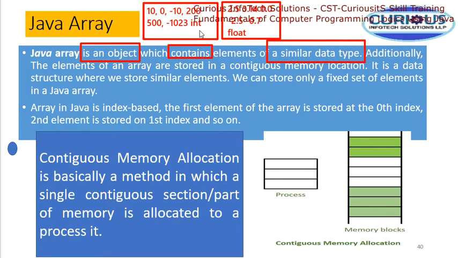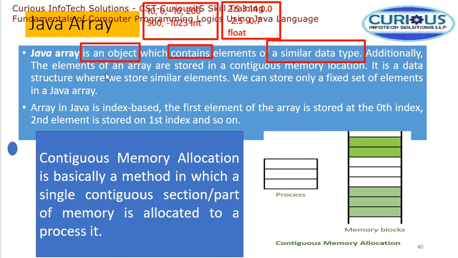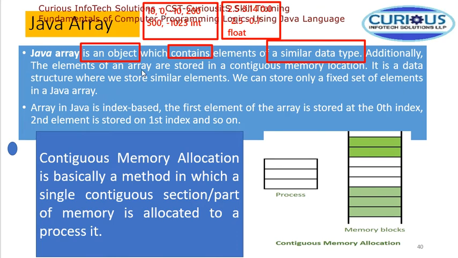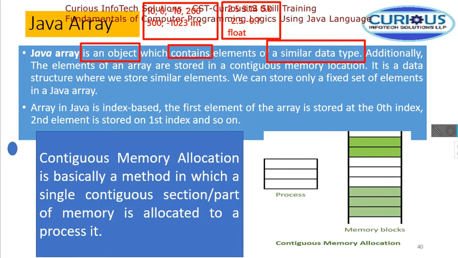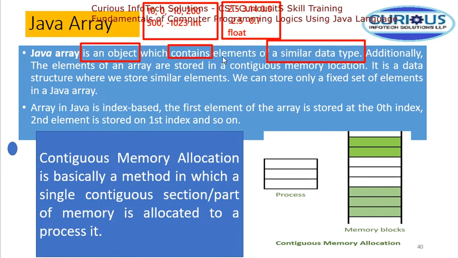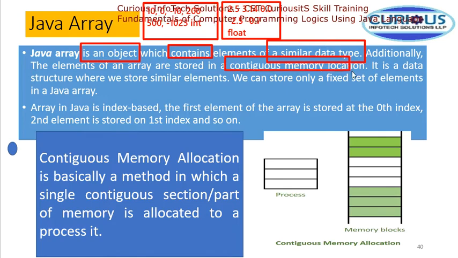So in this way we can understand the Java array is an object and that contains elements of similar data type. Okay. Now additionally, the elements of an array are stored in contiguous memory locations.